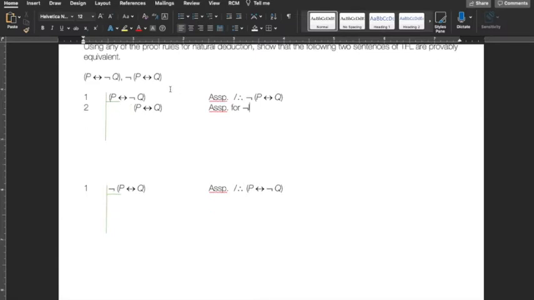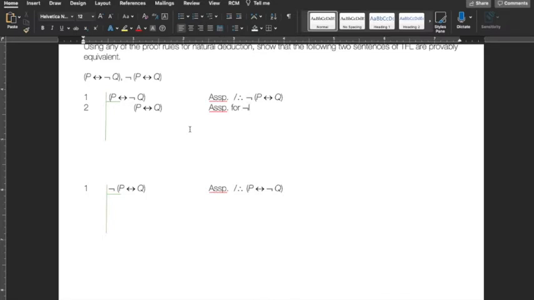For this first proof, my conclusion needs to be the negation of a biconditional. We don't have a rule that allows us to introduce a negated biconditional in particular, but we do have a rule that allows us to introduce a negated sentence. And that's if we assume the sentence, prove a contradiction, then we can get its negation.